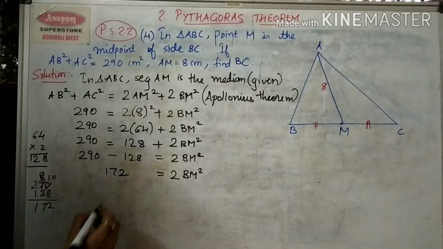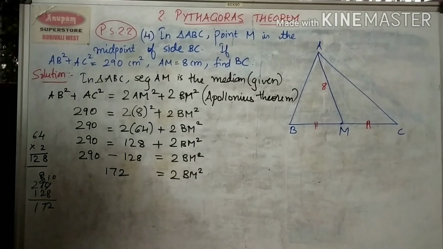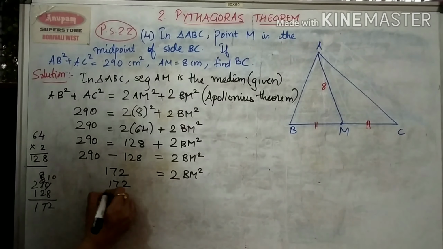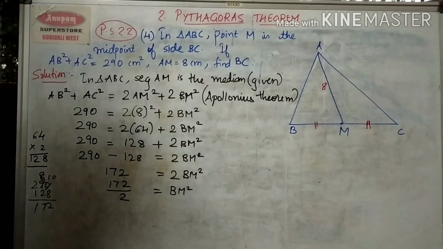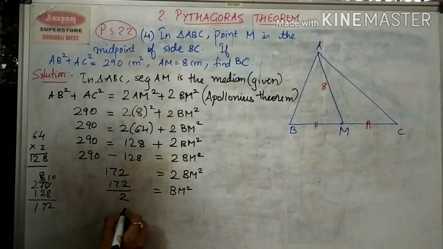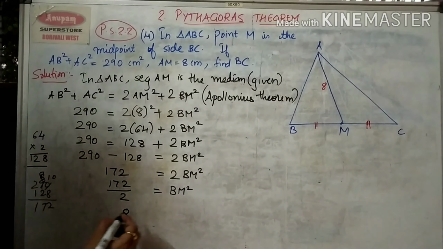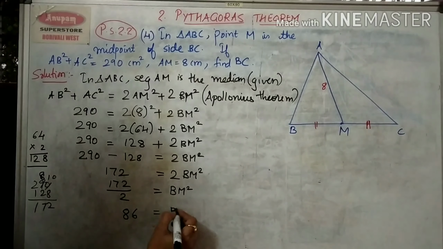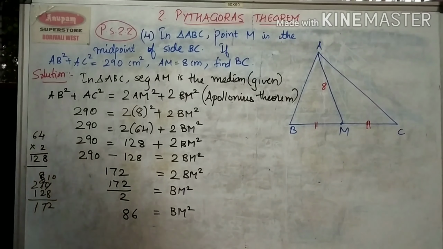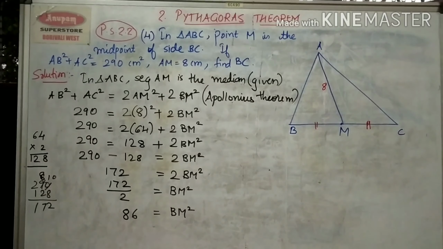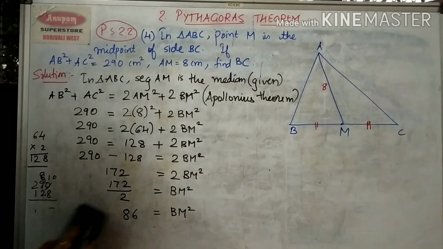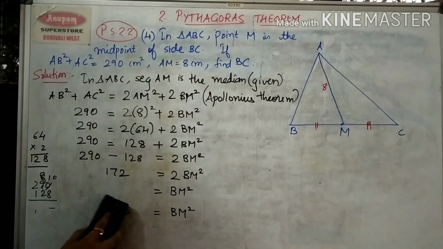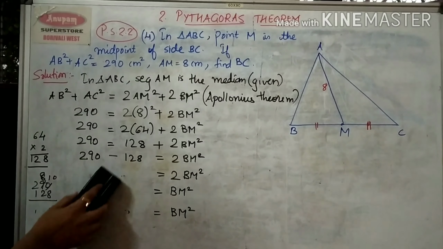This 2 comes here, so it has been multiplied. When it comes here, the operation is opposite. So 172 upon 2 is equal to BM square. I'm sorry, I made a mistake in the calculation here. See, a minor mistake can change your entire answer.